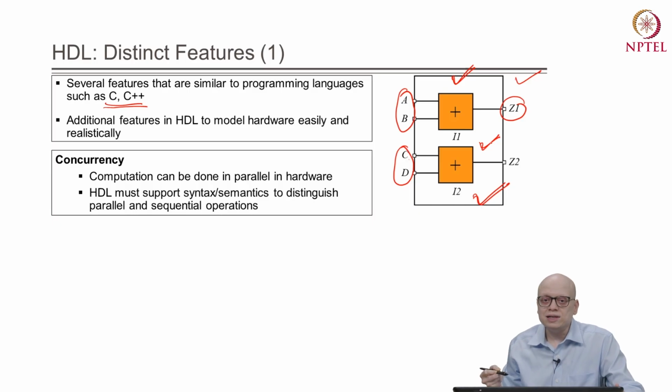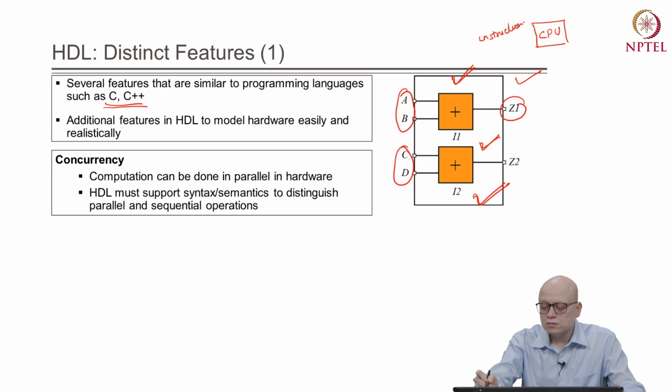So, this is something distinct to hardware which is not there typically in high-level programming languages, because in other high-level programming languages the model is that we have a CPU and we have instructions, and the instructions go to the CPU and are executed in a sequential manner.